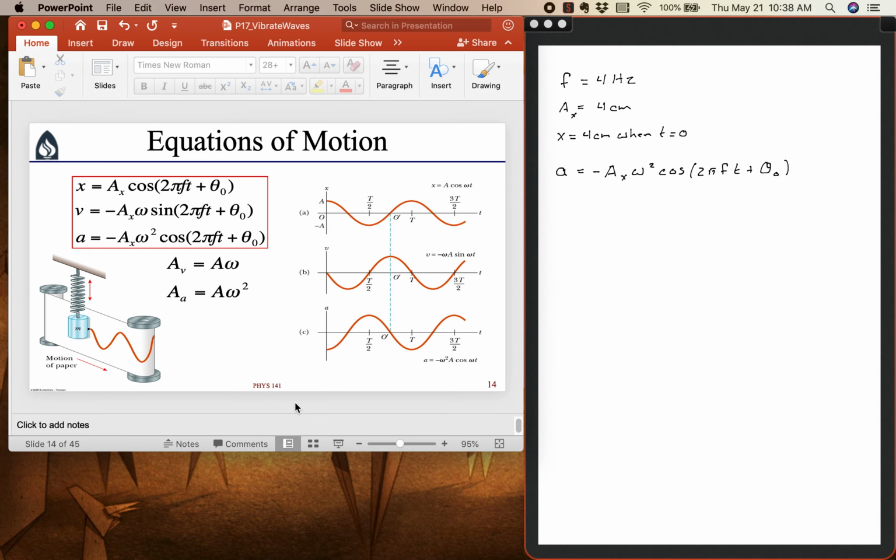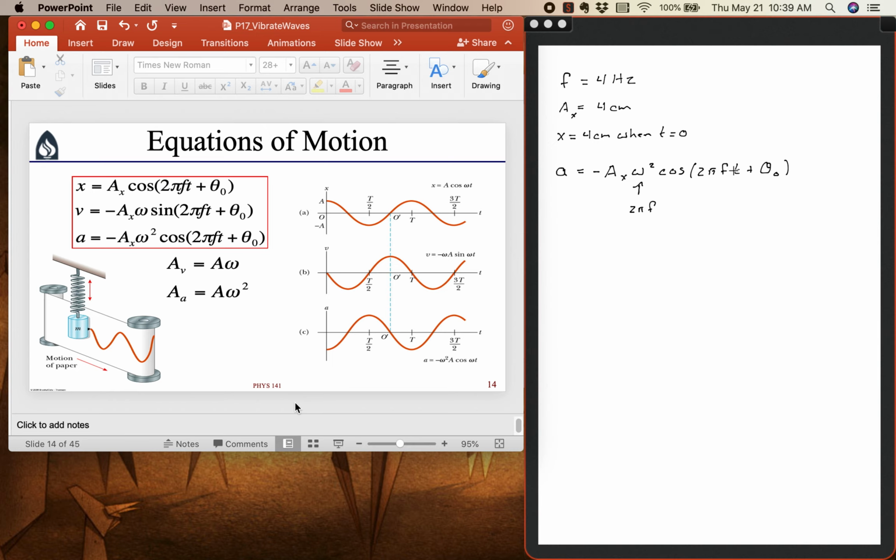So if we look at this information that we need to find the acceleration, we have the position amplitude, which is 4 centimeters. We have omega because omega is equal to 2 pi times the frequency, and we're given the frequency is 4 hertz. So then we have cosine 2 pi f, and we want to find the acceleration when the time is equal to 3 seconds.